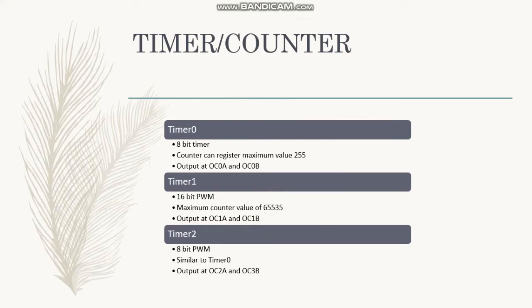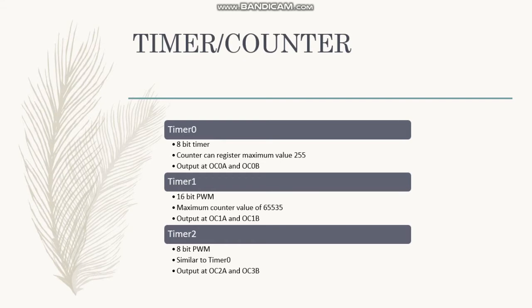Timer 1 has 16-bit PWM and a maximum counter value of 65,535 and the output is at OC1A and OC1B.